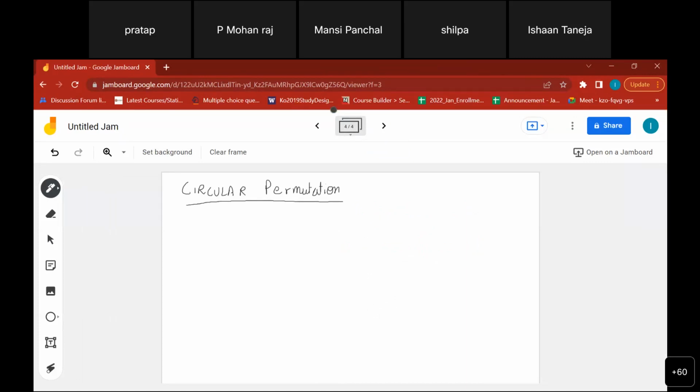Or n factorial by 2, in another case. When would it be n factorial by 2? For example, we have questions like arranging beads in a circular way, or making a necklace. Where do we get such kinds of questions?